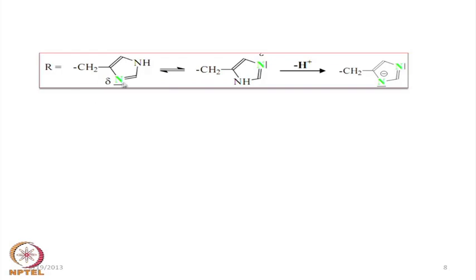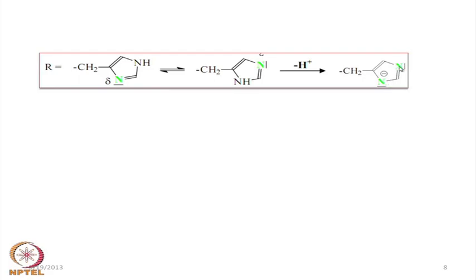This is the NH function and this is the N function only, but initially the delta nitrogen can go for metal coordination, but if you have the deprotonation, then this nitrogen in the charged form can bind to the metal center, and in some cases when the charge is delocalized between these two nitrogen atoms, we can go for bridging, such as we find in superoxide dismutase between copper and zinc.